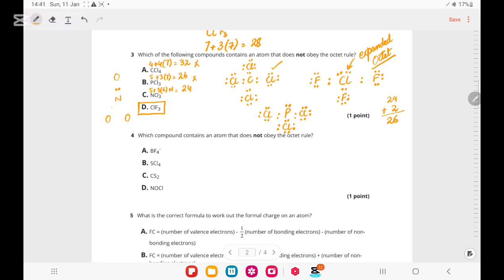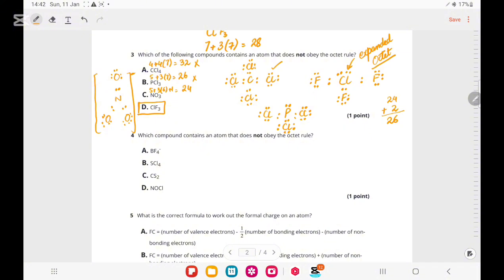So we have electrons here. Now it is going to have a minus charge there, but if you see, the number of electrons has been fulfilled, but nitrogen's octet has not been completed.